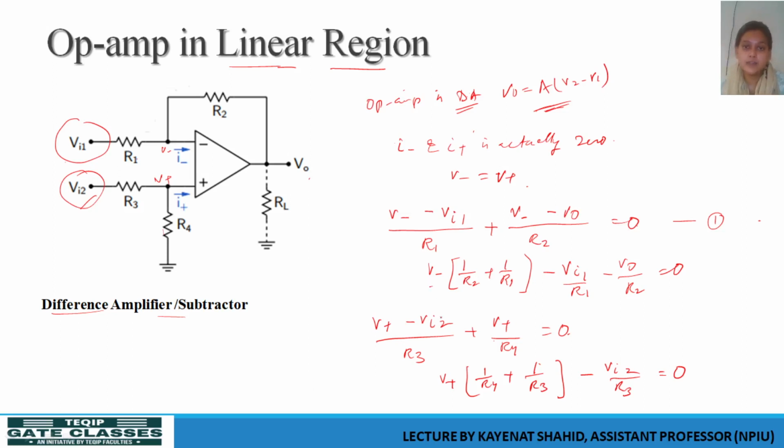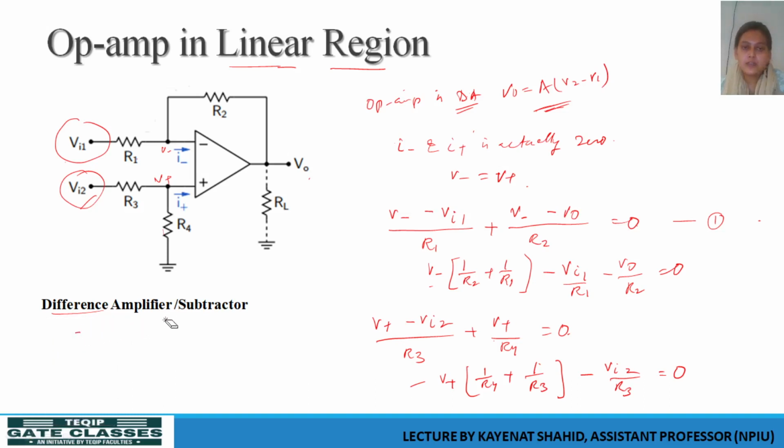We are saying this V minus and V plus are equal. So we can simplify this equation by writing V minus minus V plus is equal to 0, or we can just write it as equal and find out the relation.